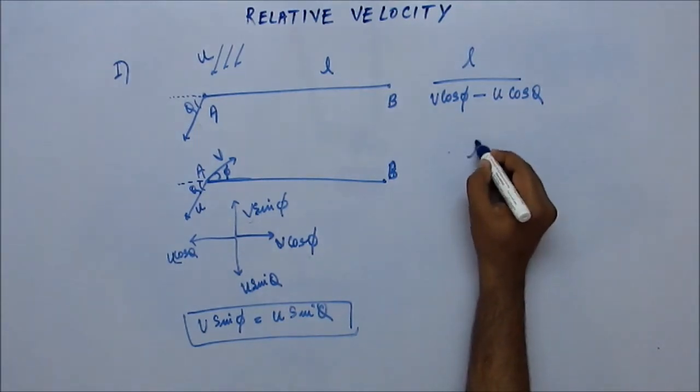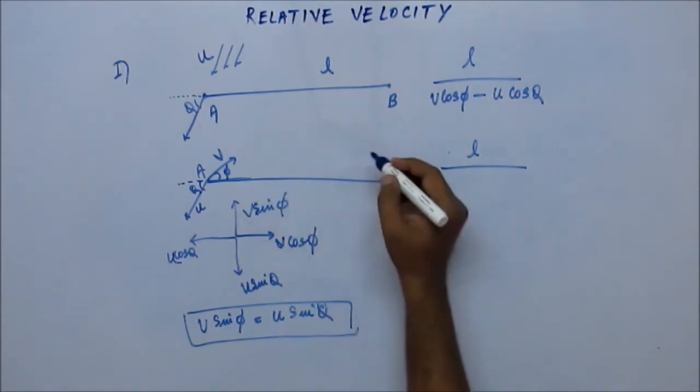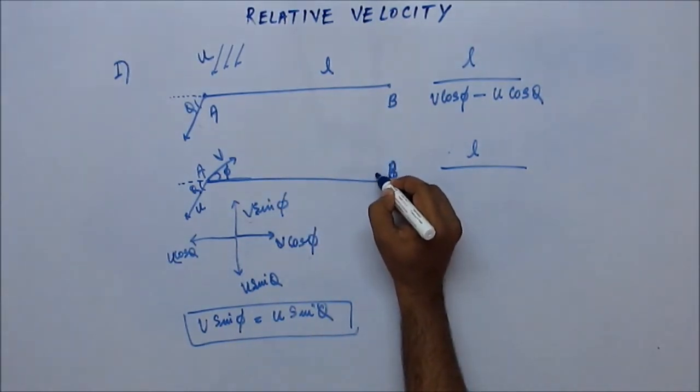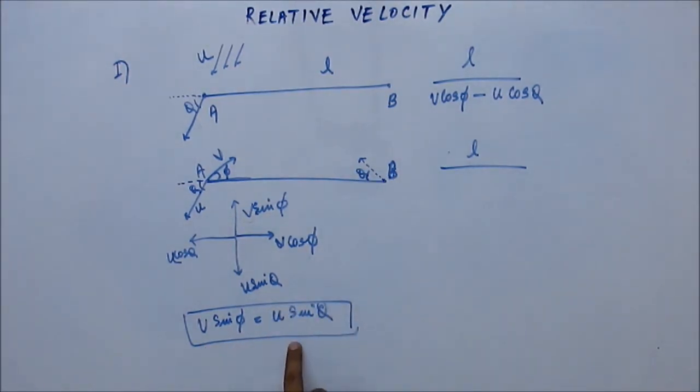And the time for the next half of the journey would be, now again what we have to do when it is coming back, the aeroplane has to aim at an angle phi again such that v sin phi is equal to u sin theta.